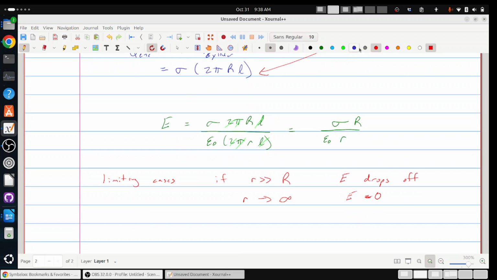And then the other case of interest here is little r equal to big R, and in this case it's going to go to sigma over epsilon naught.